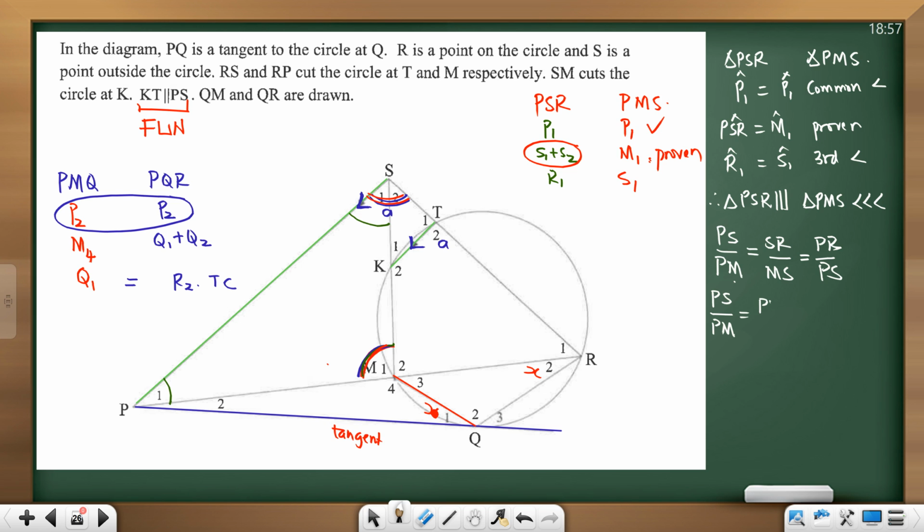PM, PR. What's your reason? Similar triangles, cross multiply, PS squared equals what? But that is also equal to what? No, this. It was also equal to what? PQ. Therefore, PS squared equals what? Find the square root of both sides.